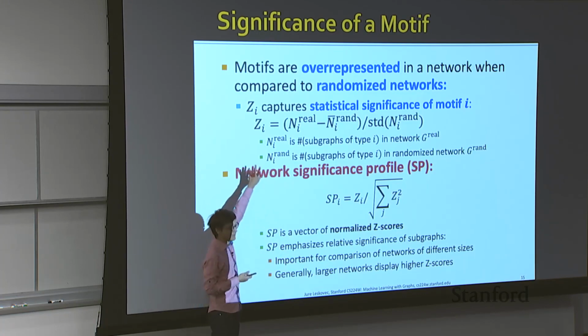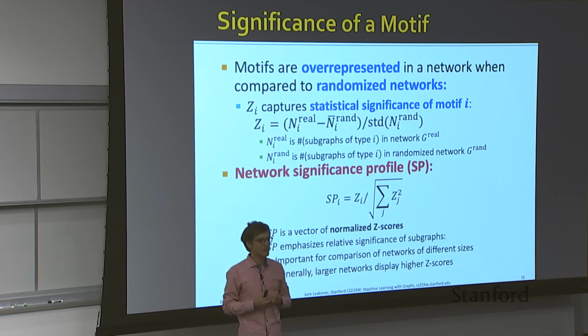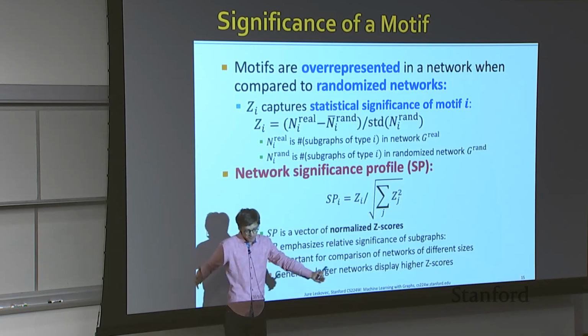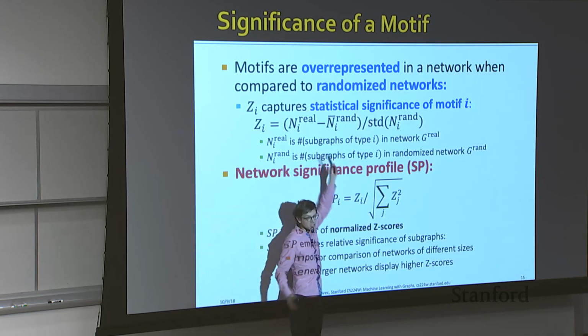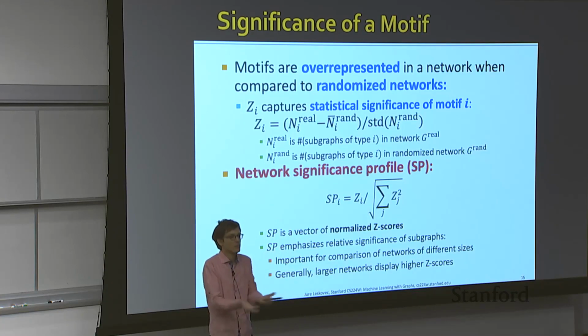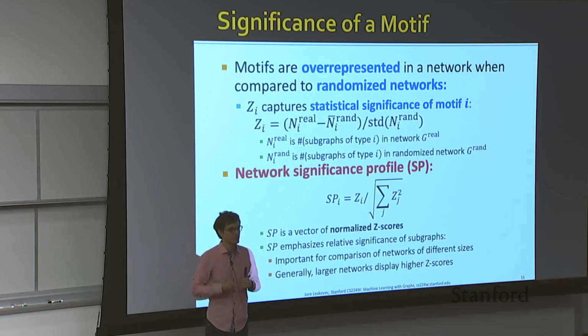The reason we compute significance this way is that it abstracts that away. However big your network is, we will consider that. However dense your network is, the random part will try to subtract that out. So we are really interested in whether it is more or less than what we would expect.